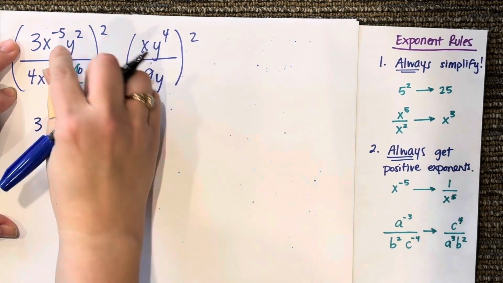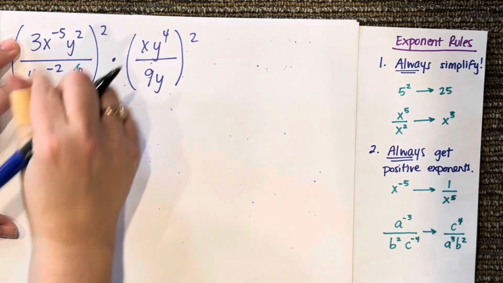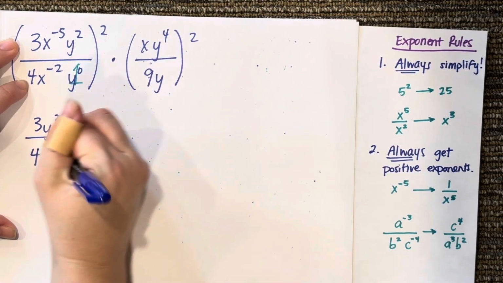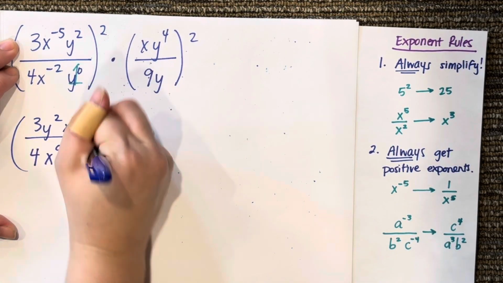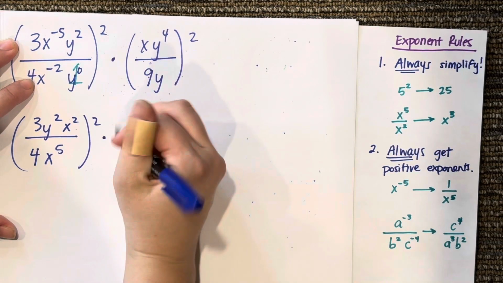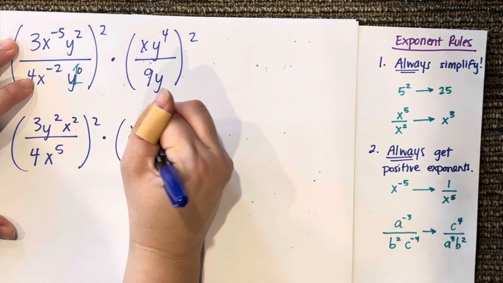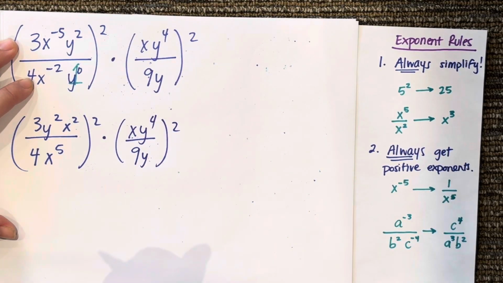So I have 3y squared divided by 4x to the 5th, and this x squared goes up top, x squared times 2, and then I'm not going to change anything in here yet, so times x y to the 4th divided by 9y squared.